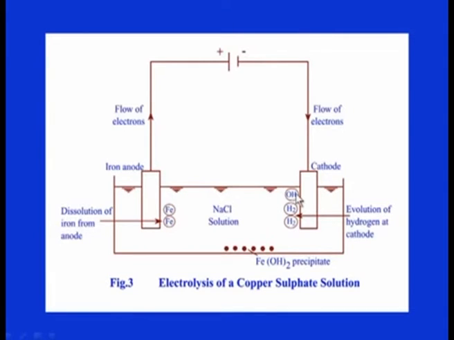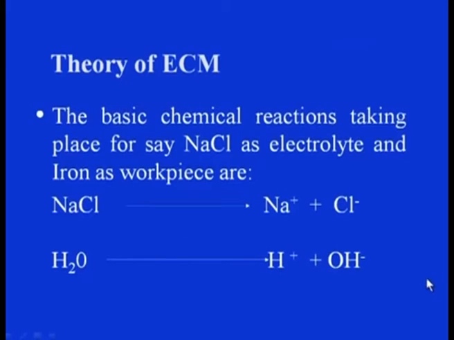Negative ions from this cathode will be attracted towards this positive anode in this direction, whereas the positive ions from this anode will be attracted towards this cathode at this point, and the hydrogen gas will be evolved. So, this is shown like this.